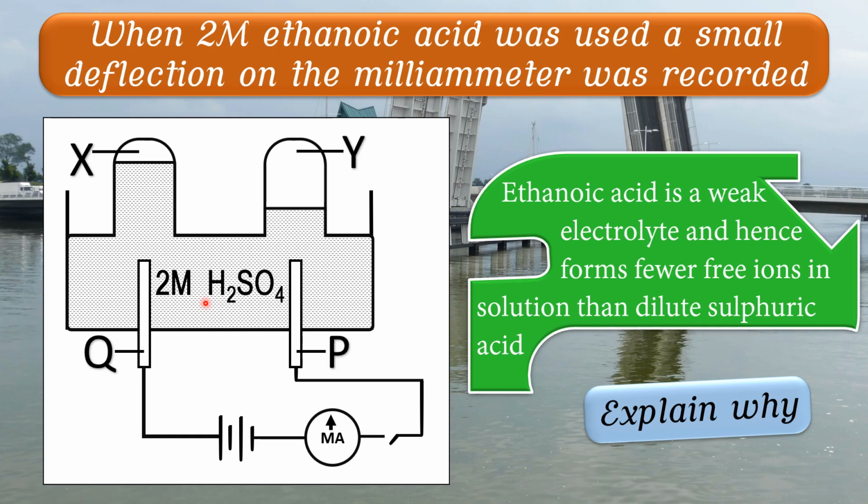And that's why it has a higher deflection, because it conducts more electricity compared to 2-molar ethanoic acid, which is a weak electrolyte and forms fewer free ions. Therefore, its conductivity is lower compared to that of sulfuric acid.